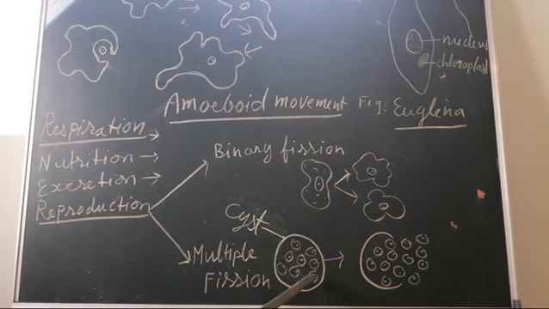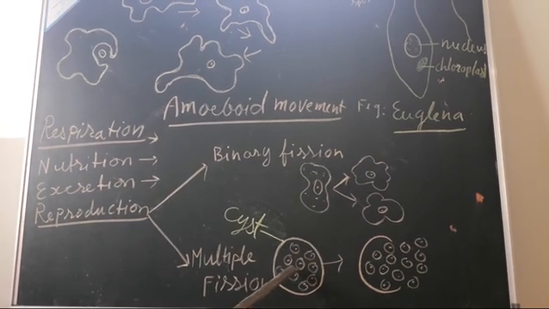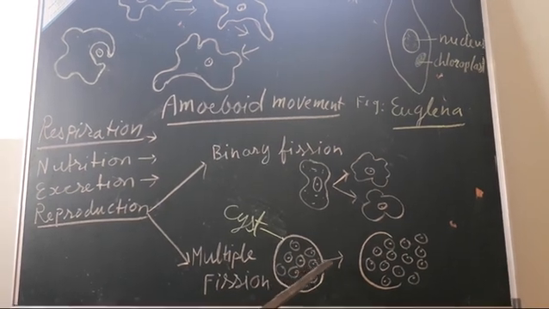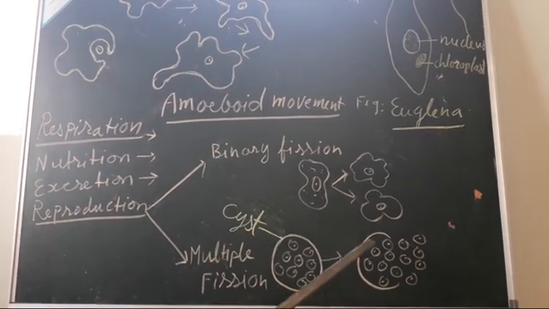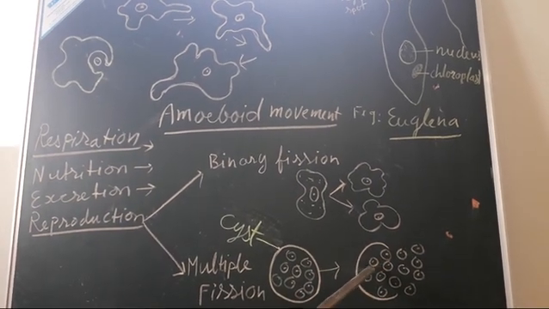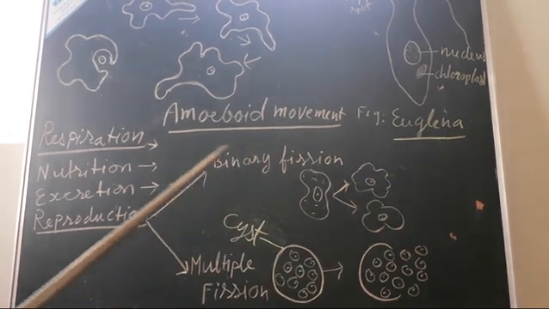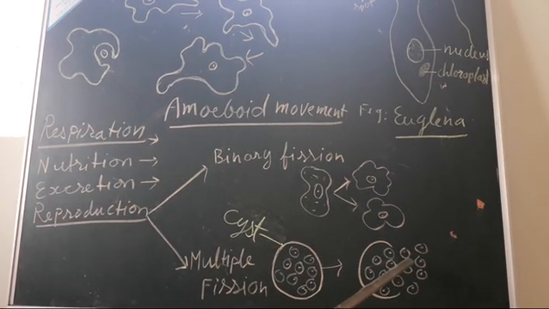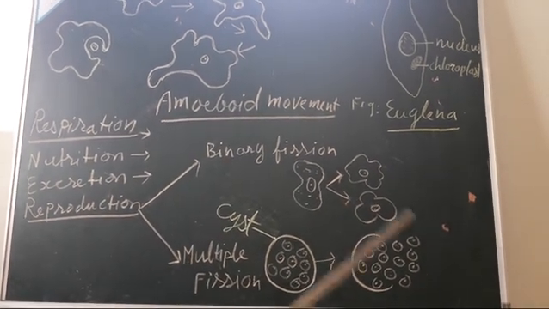Inside the cyst, the nucleus divides and redivides, forming many nuclei. As it gets favorable conditions, this cyst ruptures and nuclei come out in the water and develop into new amoebae, many amoebae.